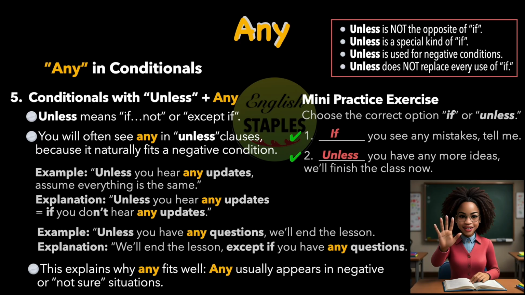Unless you have any more ideas, we'll finish the class now. Three, we leave at 5 p.m. There are any delays? We leave at 5 p.m. unless there are any delays.